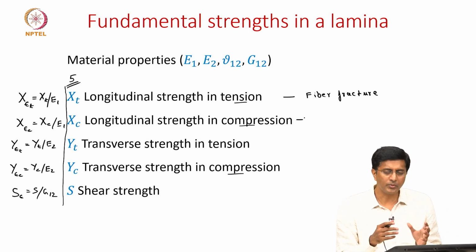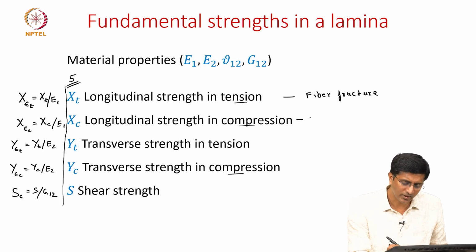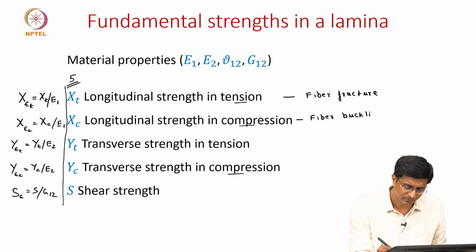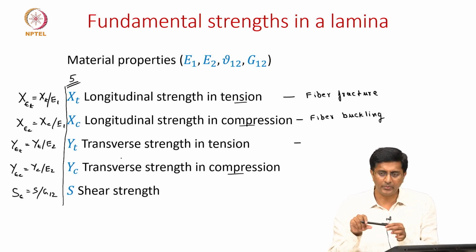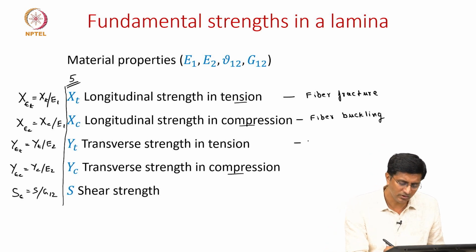When we talk about compression and we are loading in the direction of the fibers, then one failure criterion is fiber buckling. And when we are loading perpendicular to the direction of the fibers, the transverse strength in tension depends mostly on the matrix fracture or failure.